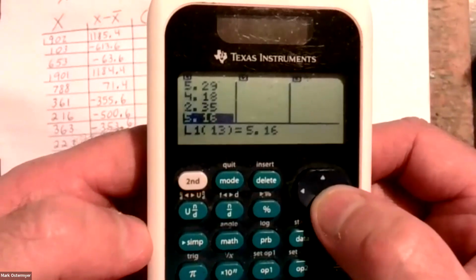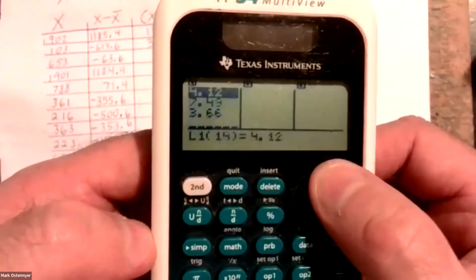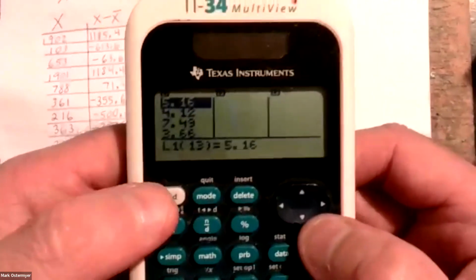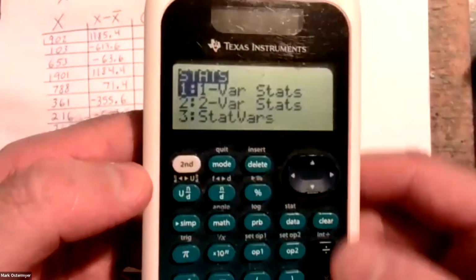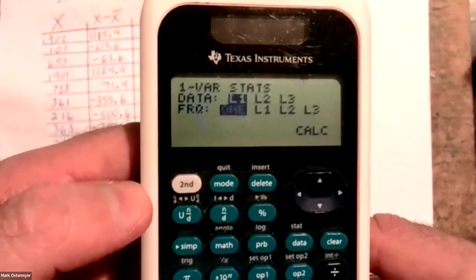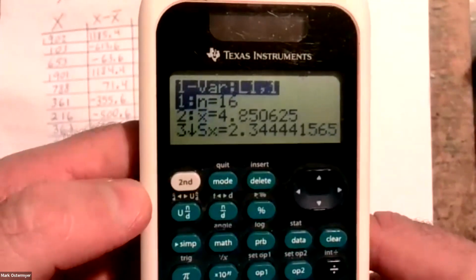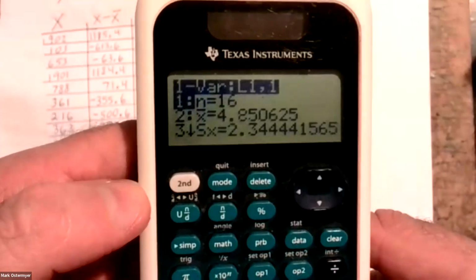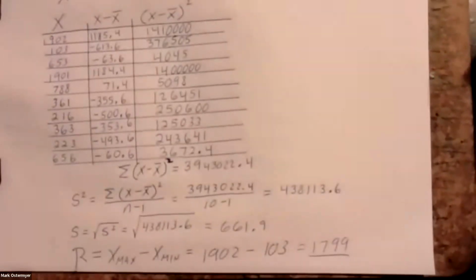After entering all these observations in list one, I hit second data, and I did one var stats for list one. And I got a standard deviation of about 2.34. Did anybody get that standard deviation? 2.34? Yes. Okay, so that's what the standard deviation of the gas prices would be.